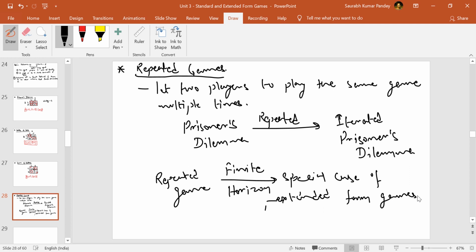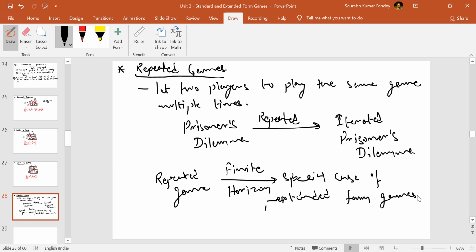Now let us suppose repeated games for prisoner's dilemma. It will be known as iterated prisoner's dilemma. So we will ask the prisoners to give the answer to the questions of the policeman 50 number of times, let us suppose. So what will happen? There are certain conditions that we must understand.